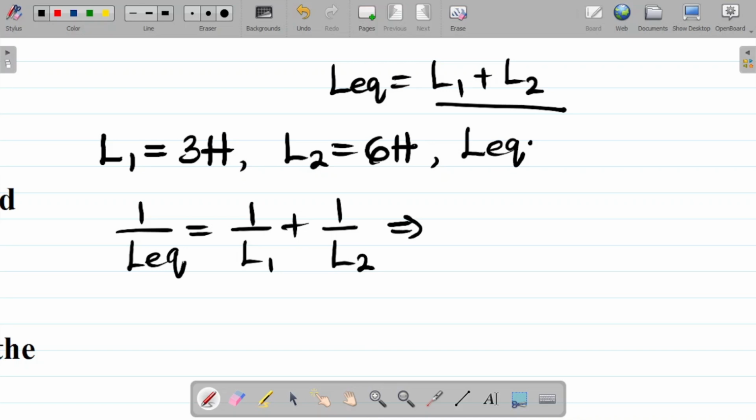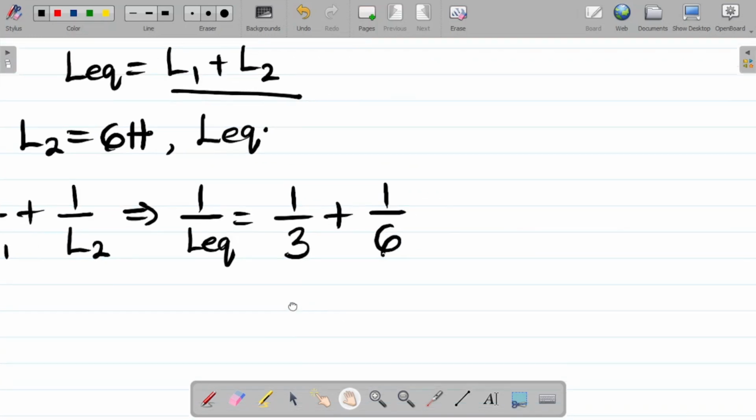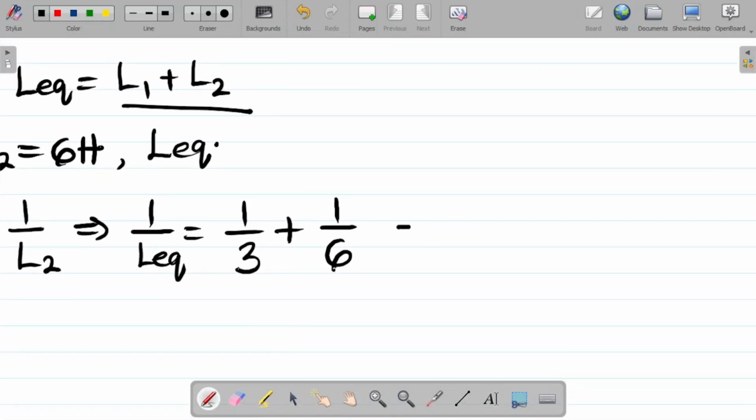From here, we'd have that 1 all over the equivalent is equal to 1 all over L1, which is 3 Henry, plus 1 all over L2, which is 6 Henry. From here, if I take the LCM, the LCM of 3 and 6 is actually 6. 6 divided by 3 is 2 times 1.